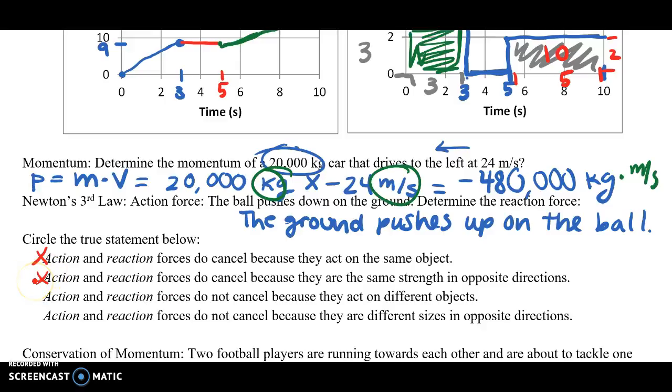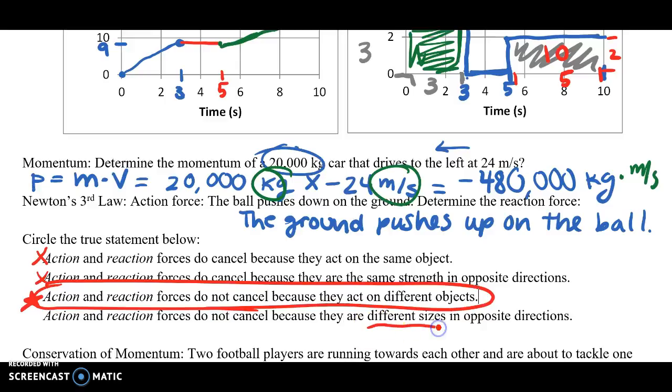Not true. Third one, action and reaction forces do not cancel because they act on different objects. That one is true, so we'll circle that one. And then action and reaction forces are always the same size, so this last one isn't right either.